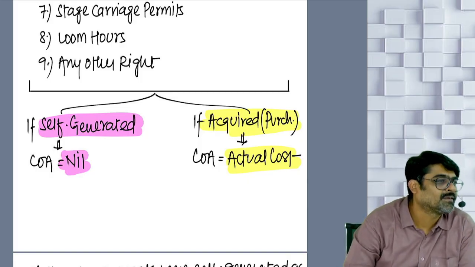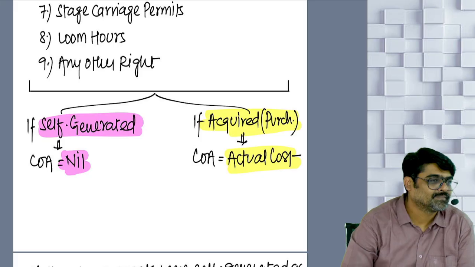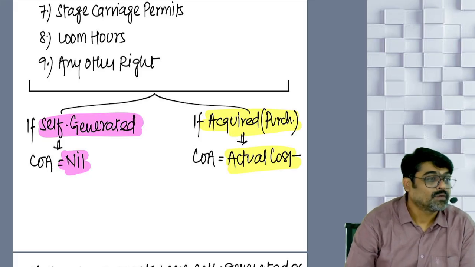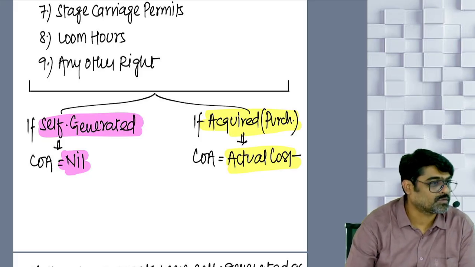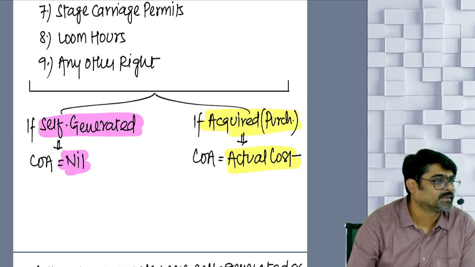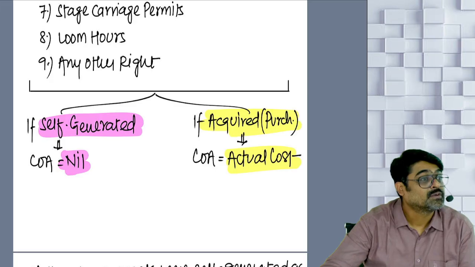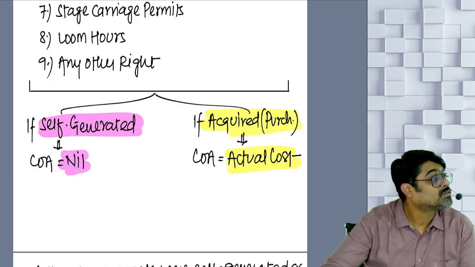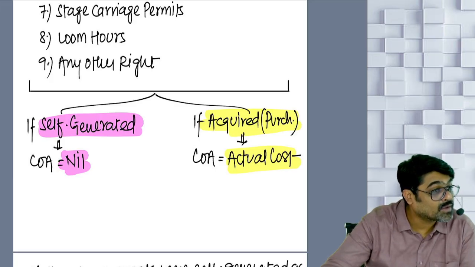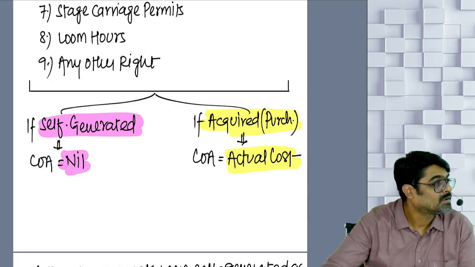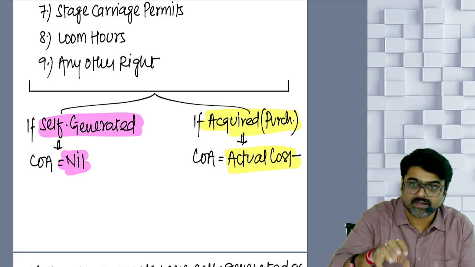Calculate. 12.5% of 5,000 crores will be 62 point something. 625 crores, boss. 625 crores rupees of tax the government will get.